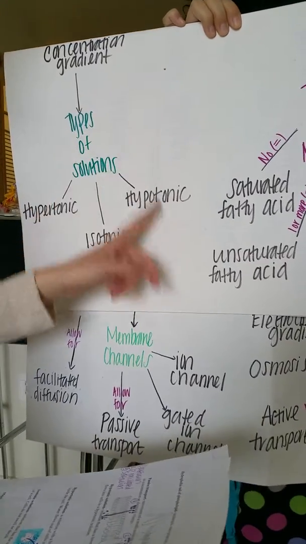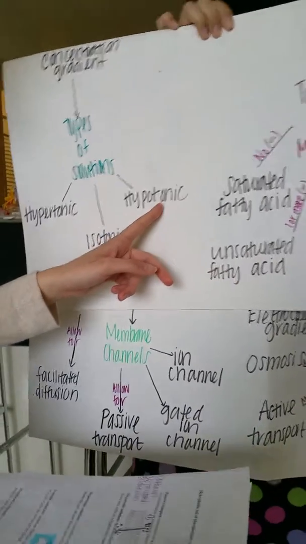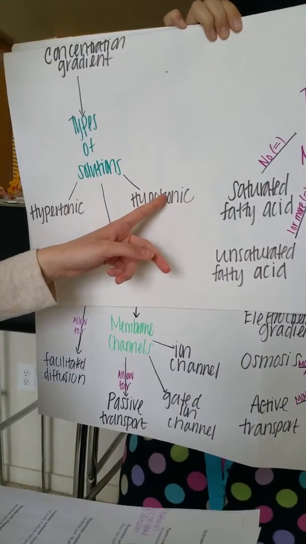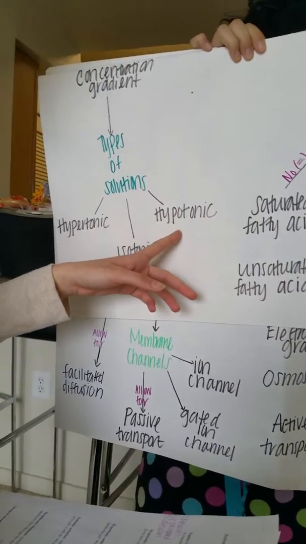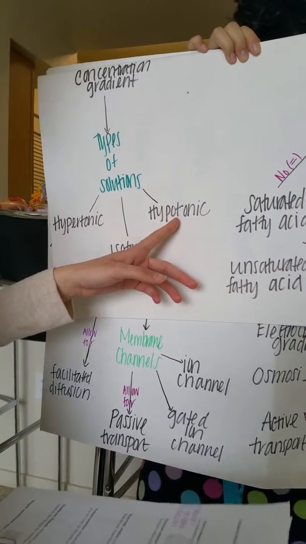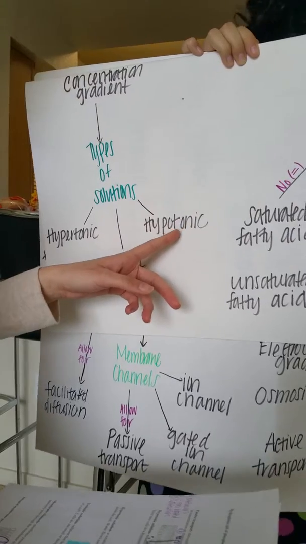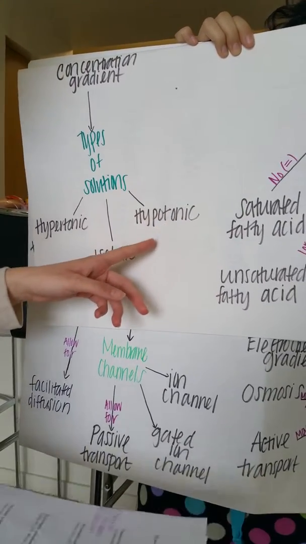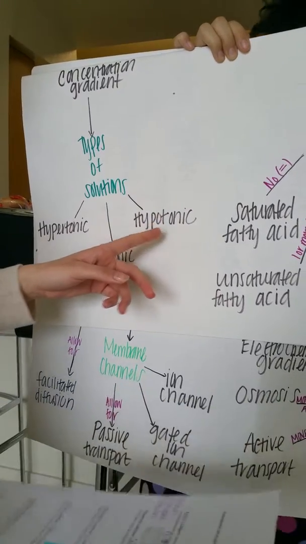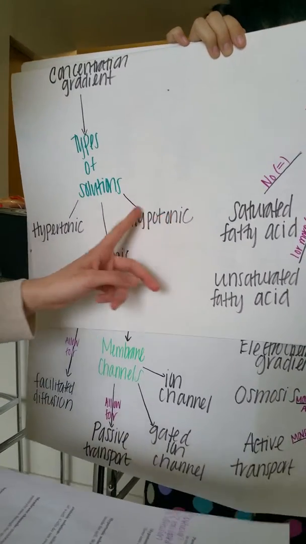We have the opposite, our hypotonic solution, which is when the solute concentration is a lot greater inside of the cell than outside of it. So when cells are placed in a hypotonic solution, they will swell up until they burst or lyse open.